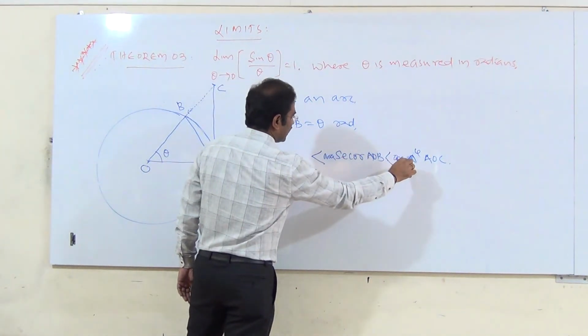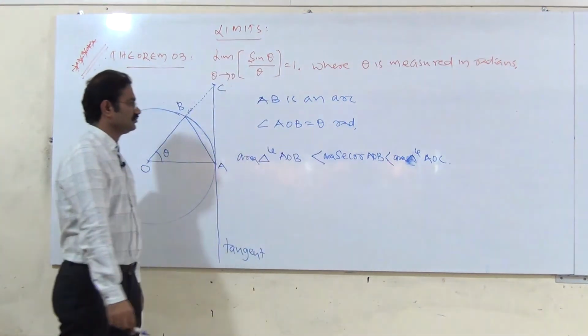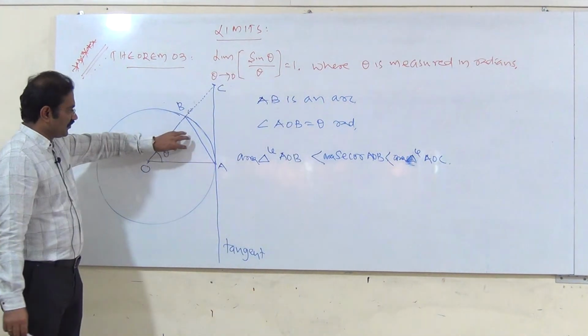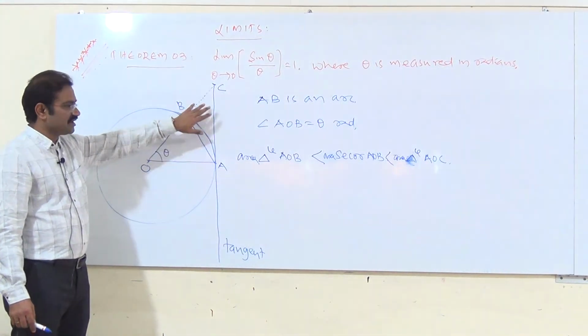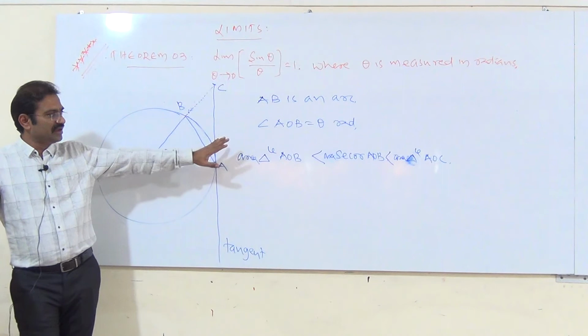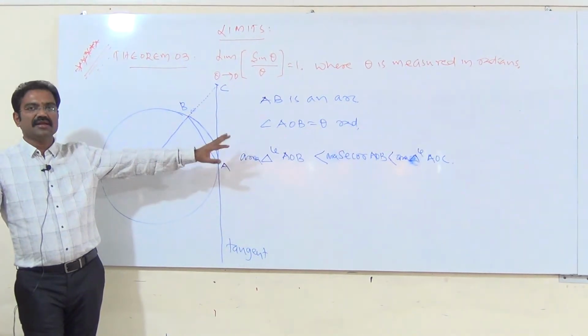You can write area, area, area. The area of this triangle is less than the area of this sector, which is less than the area of this big triangle. This is my main point.